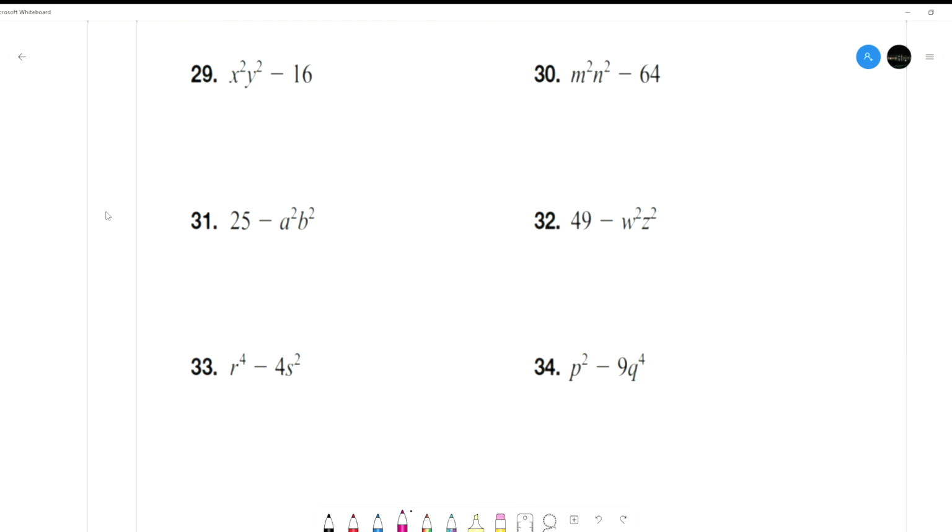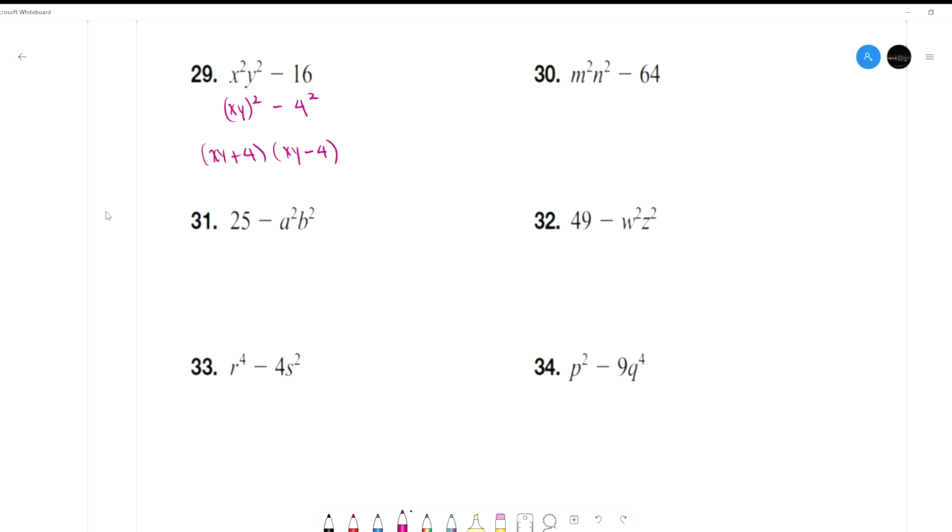But if you think about it, this is still just (xy) squared, in parentheses, xy squared minus 4 squared. So this is a regular difference of squares question. The only thing is they're two variables, right? So that means it's the first plus the second, and the first minus the second.